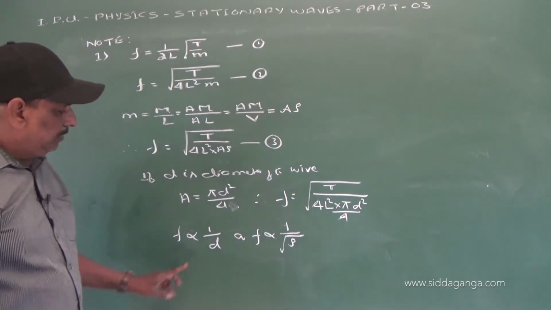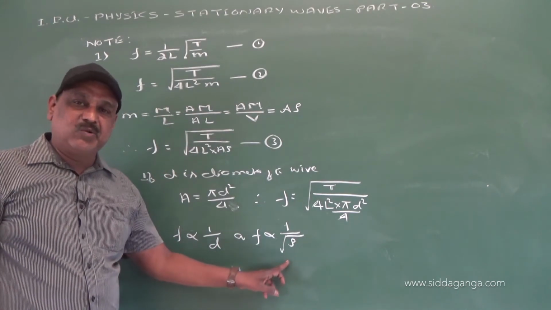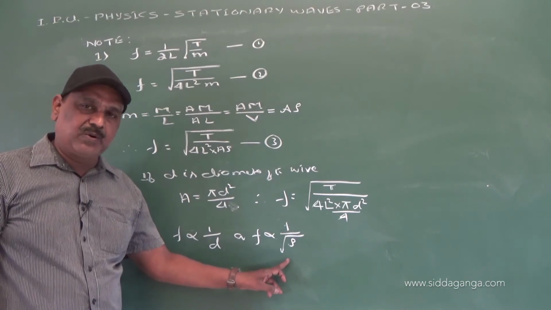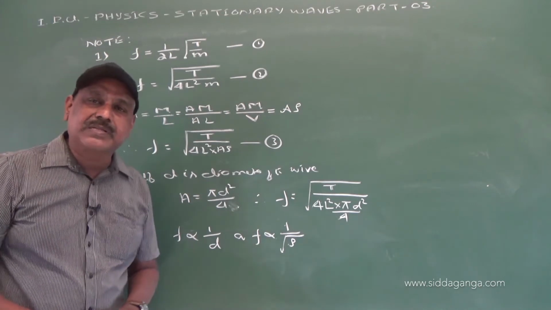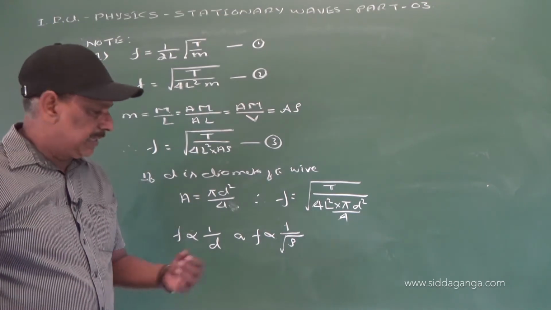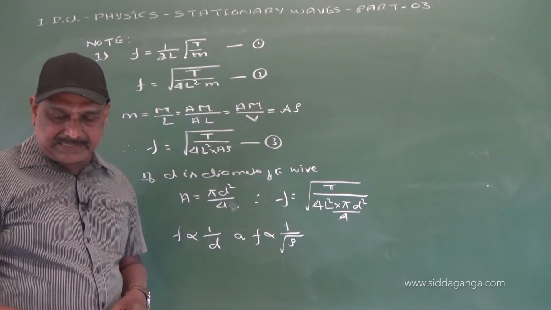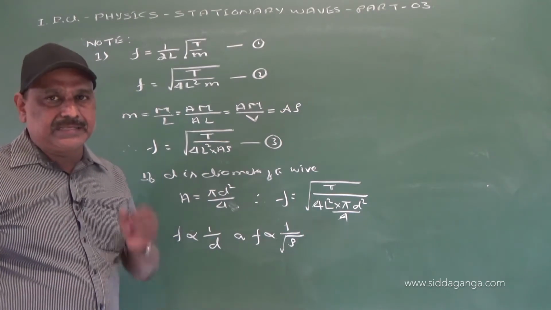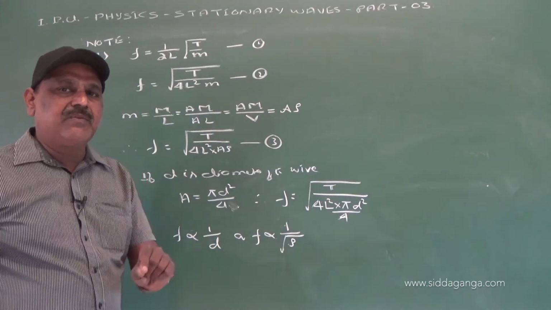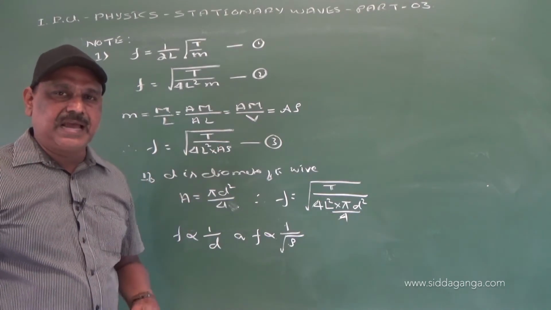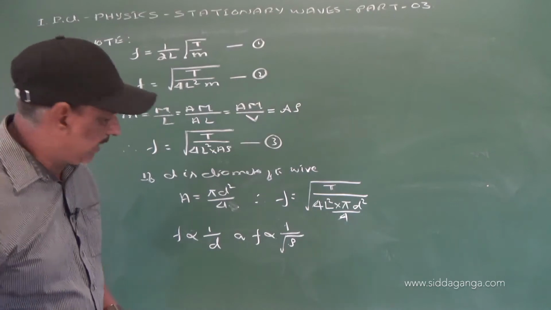So fundamental frequency is inversely proportional to the square root of the density of the wire, and inversely proportional to diameter. That means as the diameter increases, the frequency decreases. For same length and tension, a thin wire has more frequency and a thick wire has less frequency.